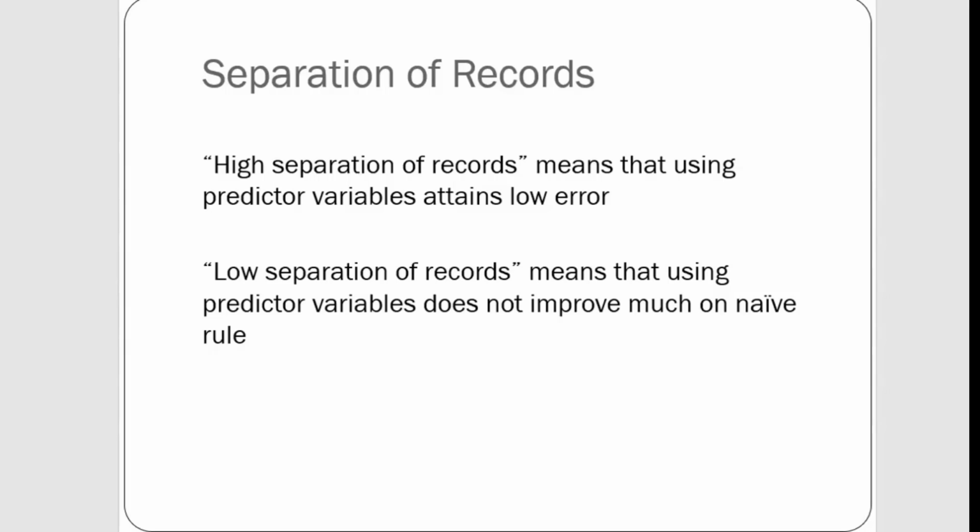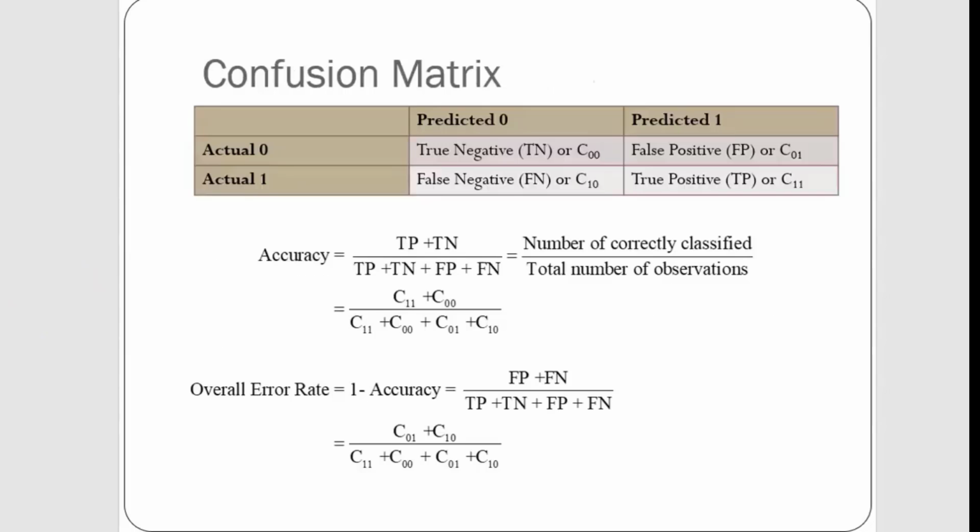It is very hard to disentangle which records might be classified as class 1 versus class 0. In other words, low separation is when there is homogeneity between our records and we can't really make concrete classifications of our sample.